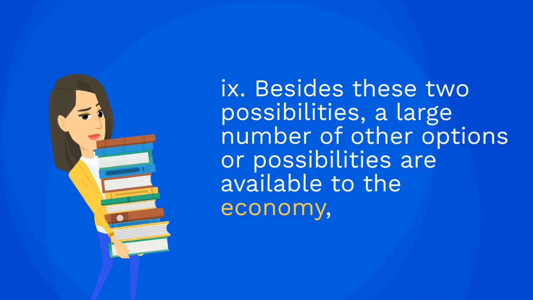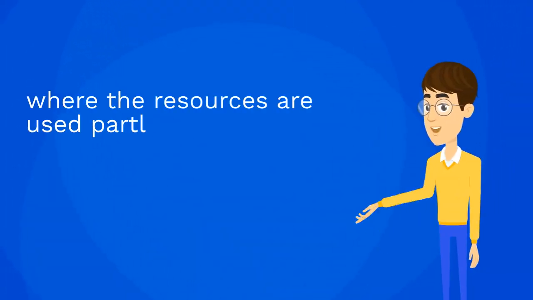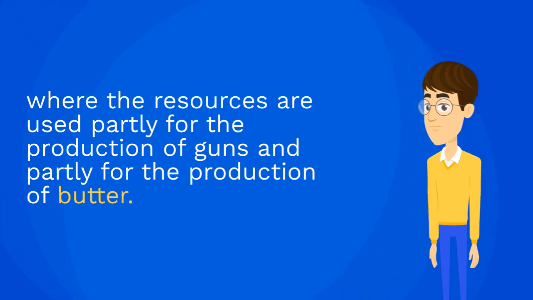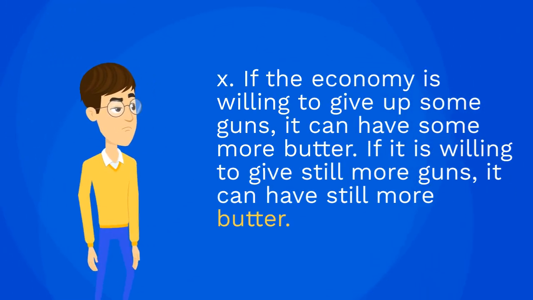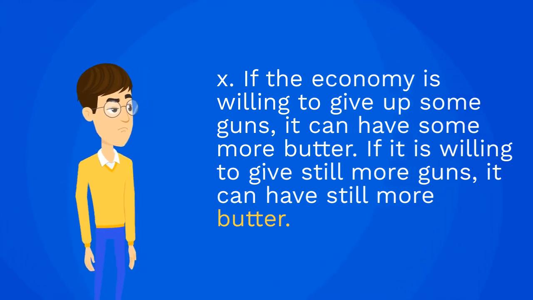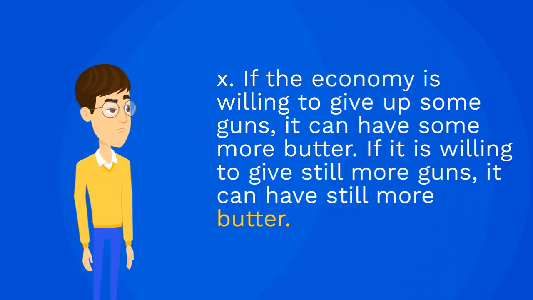Besides these two possibilities, a large number of other options or possibilities are available to the economy, where the resources are used partly for the production of guns and partly for the production of butter. 10. If the economy is willing to give up some guns, it can have some more butter. If it is willing to give up still more guns, it can have still more butter.